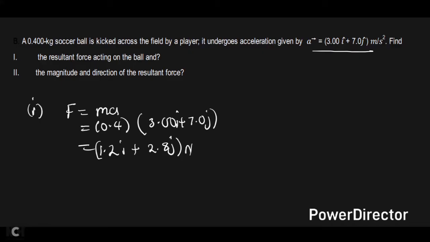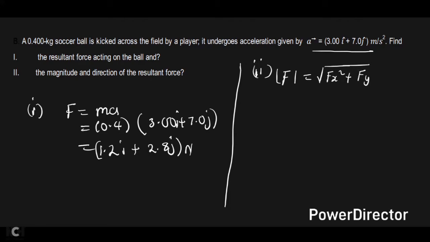Then the next part, it's question 2. What are they saying in question 2? They're saying that you need to calculate the magnitude and the direction of the resultant. So how are you supposed to do that one? Remember that the magnitude, well, the force is in the x-axis, like that, and the force is in the y-axis, like that, such that you end up with, what's the force there?